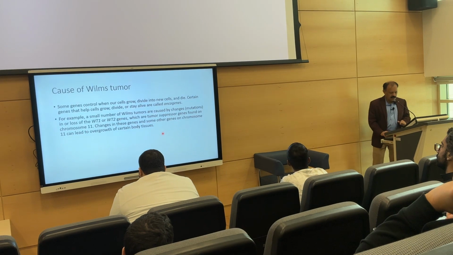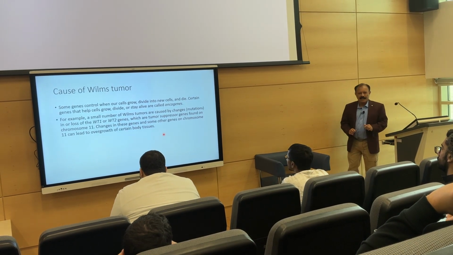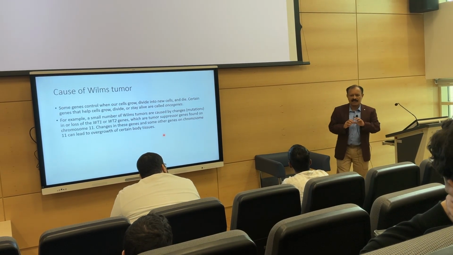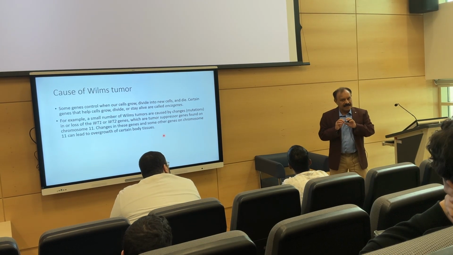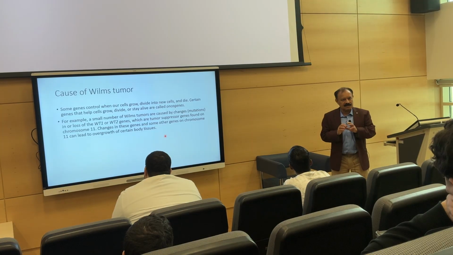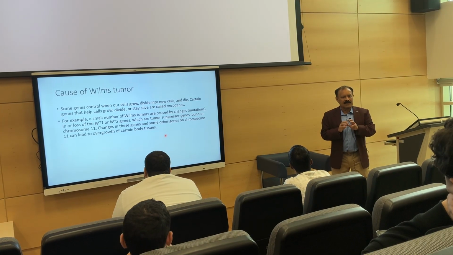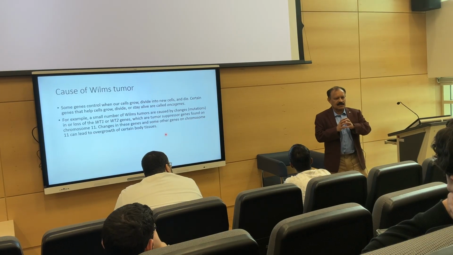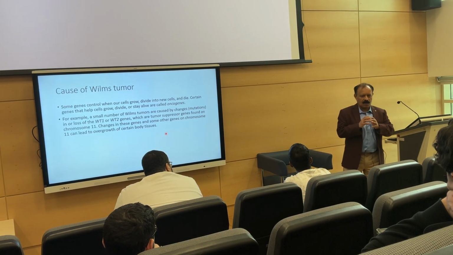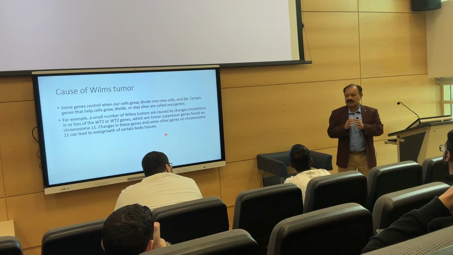Why? Because of the cause of it. This should be absolutely clear to you. What is the Wilms tumor? The name itself is Wilms tumor gene 1 or gene 2, and that is responsible for the formation. It is modulated or controlled by a tumor suppressor gene.